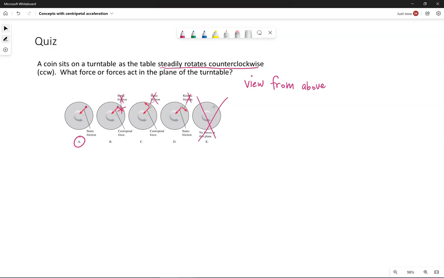There has to be a force towards the center, and it is specifically going to be the force of static friction that points towards the center that's not allowing the coin to slide off. So again, the term centripetal force is not some new force. It's whatever force we're already familiar with that is causing the motion.